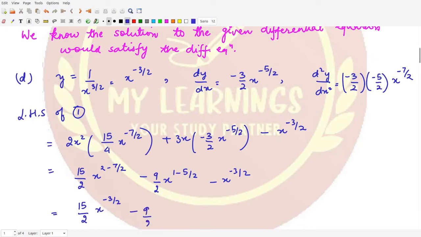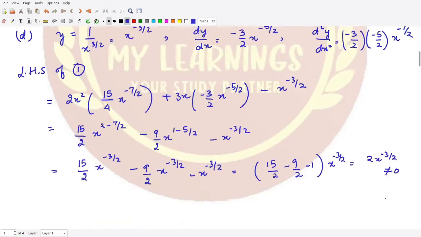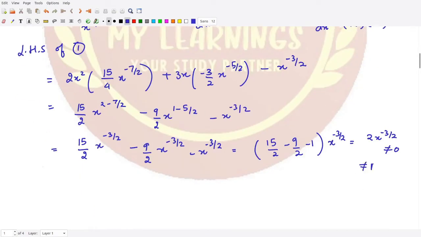Then we have minus 9 by 2 here, again x to the power minus 3 by 2, and x to the power minus 3 by 2. We just have to solve this: 15 by 2 minus 9 by 2 minus 1 into x raised to power minus 3 by 2. Is it equal to 0? This is equal to 2 times x to the power minus 3 by 2, which is definitely not equal to 0. So that means this is not equal to the right hand side of equation 1. So this is not a solution. So option D is not a solution.